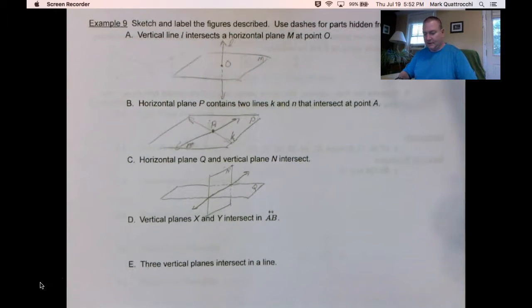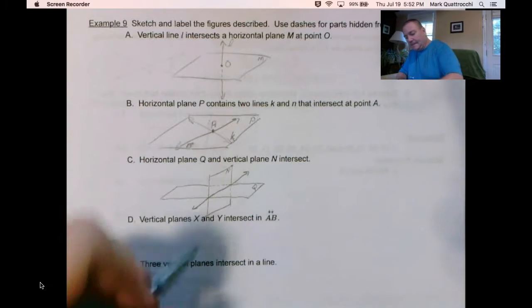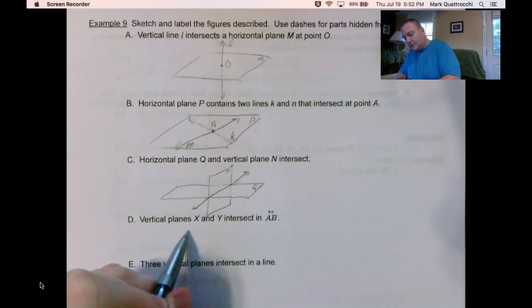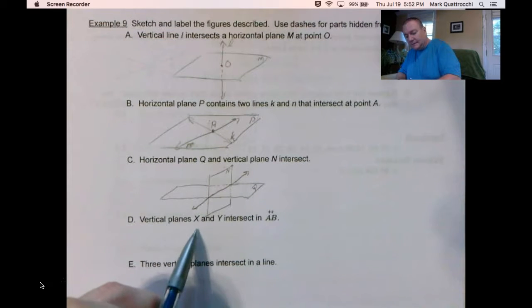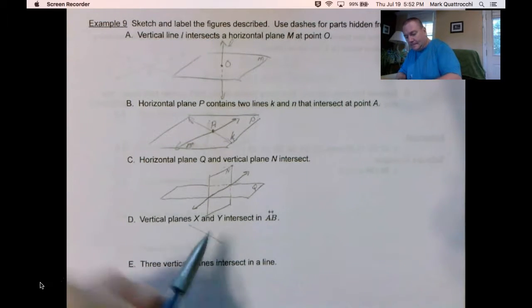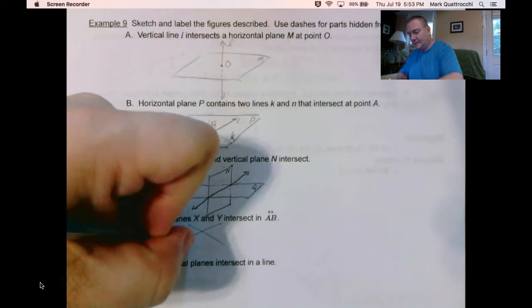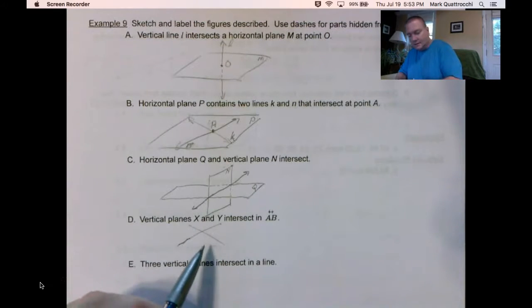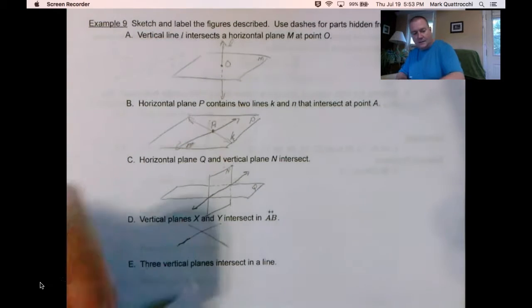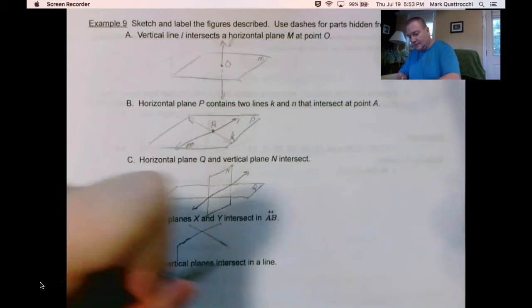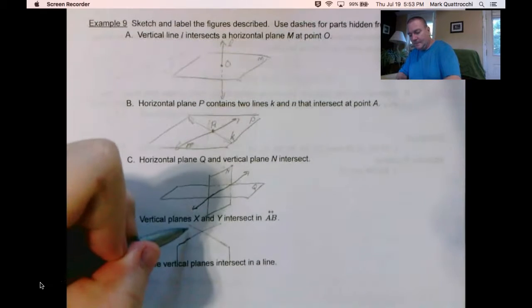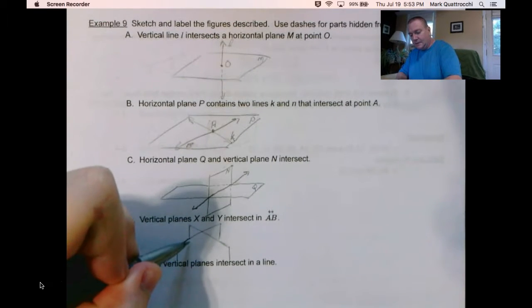Okay, part D. Vertical planes X and Y that intersect at line AB. So a little tricky here. I'm going to start at the top by drawing an X. I'll make the tails of the X down here a little bit longer than the top. And then they go down, down, down, but then dotted.